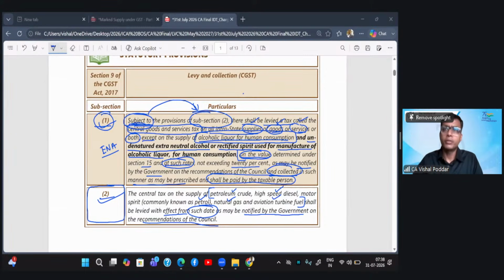And if you read this judgment, you will find that they have come to the conclusion that ENA, rectified spirit, is in such a state that even though it has alcohol properties, it is in such a concentration that it cannot be consumed. So it cannot be called liquor for human consumption, and hence it can be levied to GST. So decoding of the judgment is equally important.